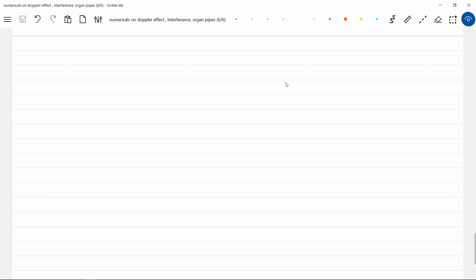Okay, we have another set of numericals. Say we'll take some general questions related to the Doppler effect. Now this is a block. This is a source.